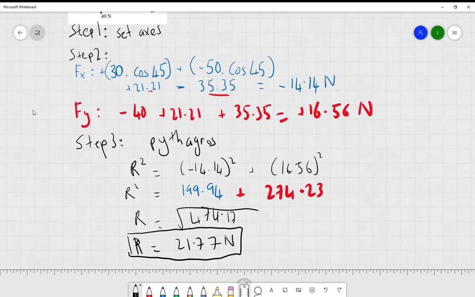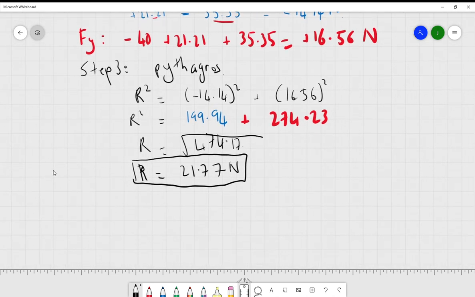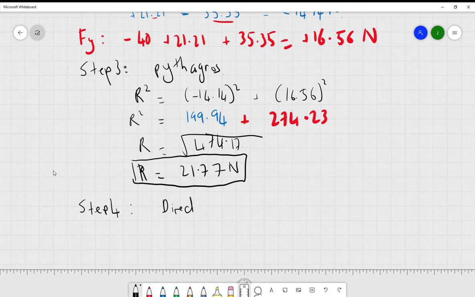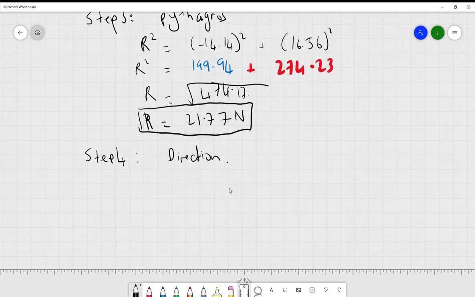So that's the magnitude. We still don't know the direction. So let's get the direction. So step 4 is the direction. Now, as I said, it's always good to just get a rough idea of what quadrant it is in, so that can easily be done. So we'll just give a rough axes here.